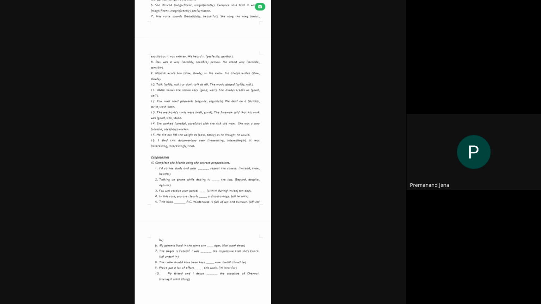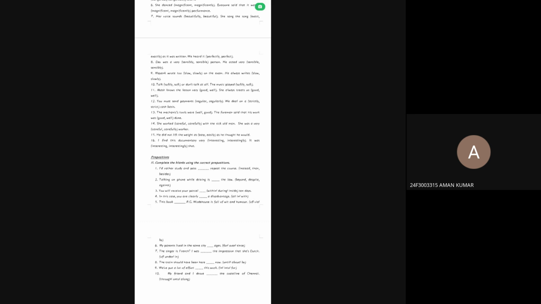You can use it in an animate context maybe, but not for an inanimate object. So the mechanic's tools were good, not well. The foreman said that his work was good or well done? Well done. The foreman said that his work was well done.